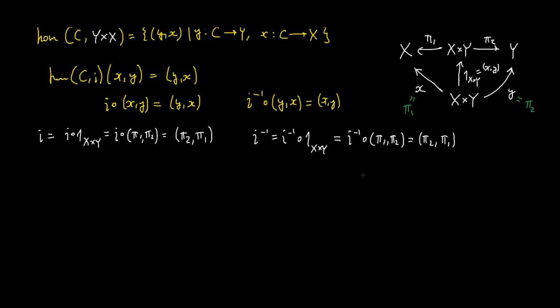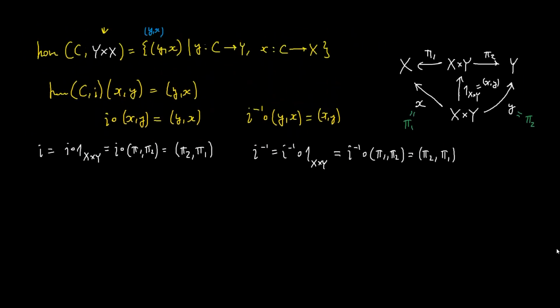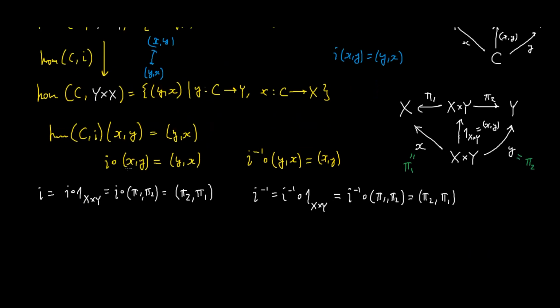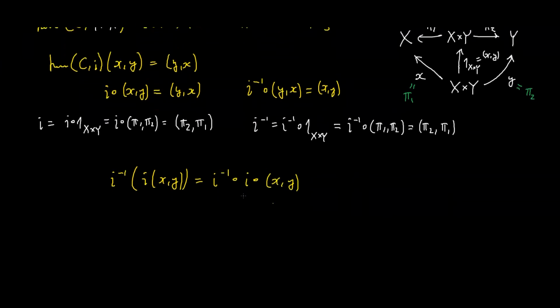Now I want to check that they are really inverses of each other, right? So I could check this for generalized elements, couldn't I? I inverse applied to xy, which in the language of generalized elements means I inverse composed with xy, equals I inverse composed with yx, and that equals xy, right?